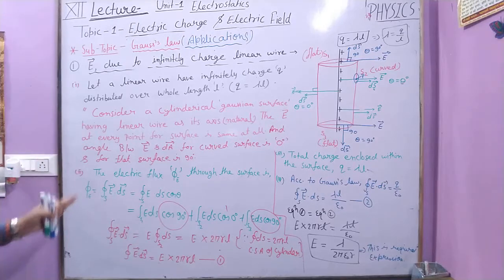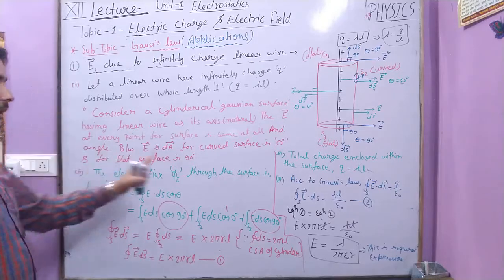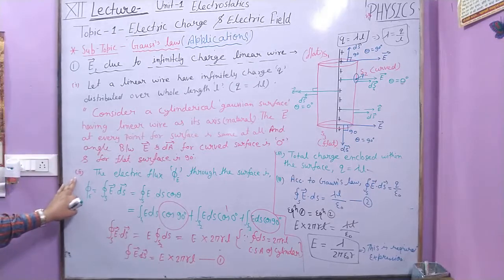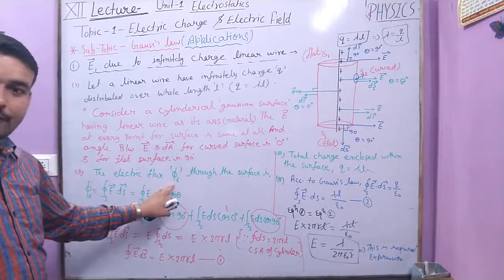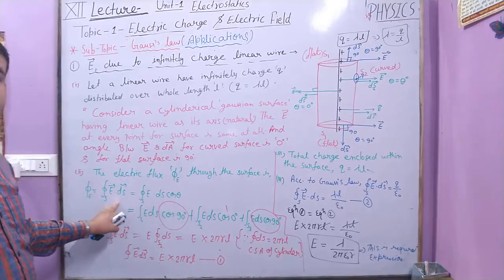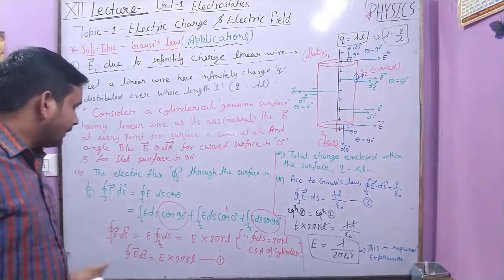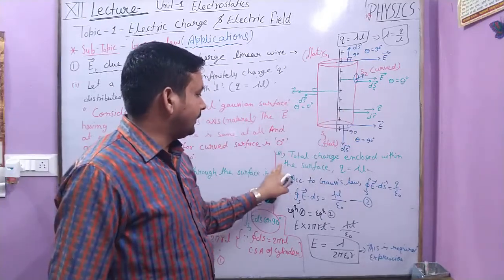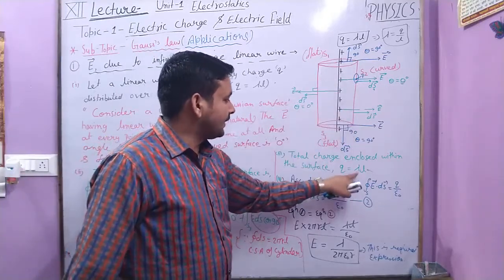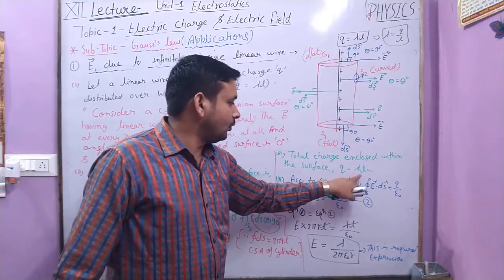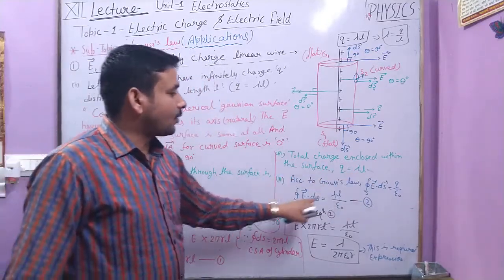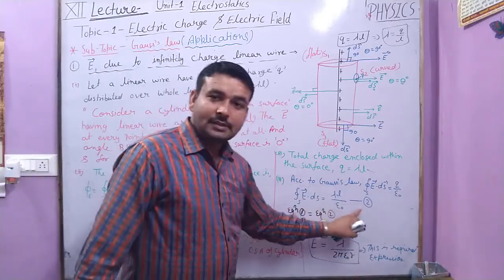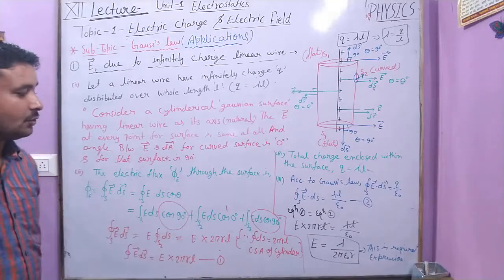Very easy. Consider step 1, Gaussian surface, specify the angle for the particular surface, then calculate electric flux with the help of the electric flux method. Then after, calculate the total charge enclosed within the surface, and because it is linear charge distribution, we are using Q is equal to lambda L. Then according to Gauss theorem, the flux is given by Q upon epsilon naught, and then we need to equate the two situations.